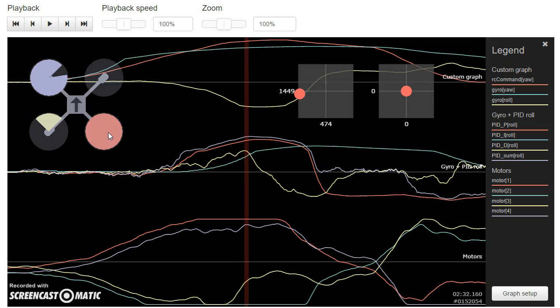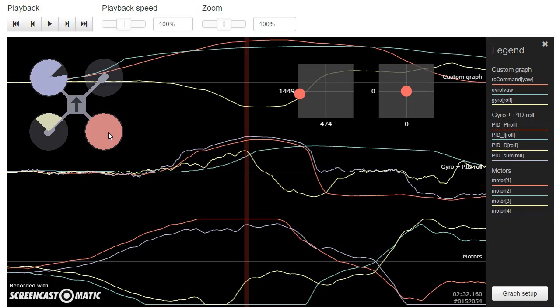So 5-inch, 5x4.5 props, 2300 kV motors on 4S, that seems like a recipe for very good yaw performance. Whereas 3S with 6030 props, that may be a recipe for mediocre yaw performance.